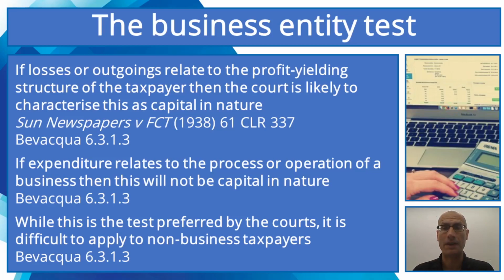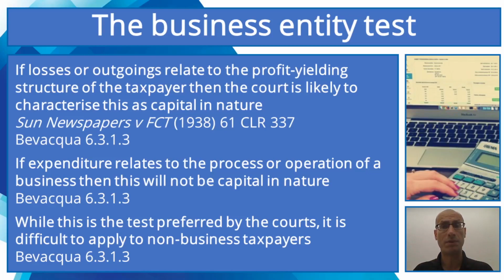It's not going to be capital in nature. And as such, you would be able to claim it under the general deduction provisions. However, if it relates to the underlying, profit yielding structure of the business itself, it's much more likely that it'll be considered to be capital. Similar to the analogy the courts use for income in regards to the tree and the fruit of that tree.